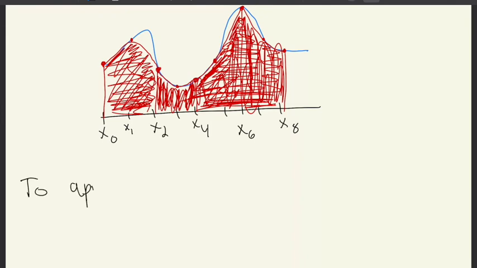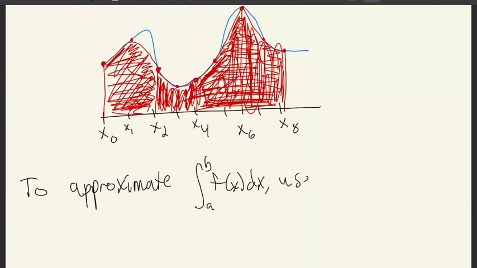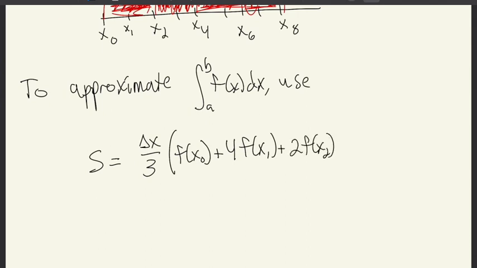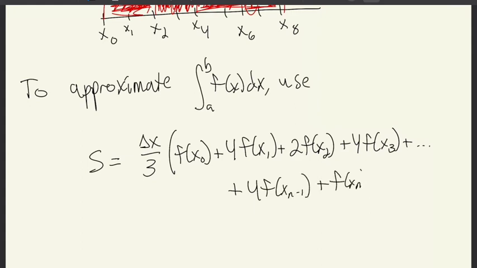Okay, so for Simpson's rule, skipping the derivation, to approximate the integral from a to b of f of x dx, we use S equals delta x over 3 times f of x0 plus 4 f of x1 plus 2 f of x2 plus 4 f of x3 plus ... plus 4 f of x(n-1) plus f of xn.